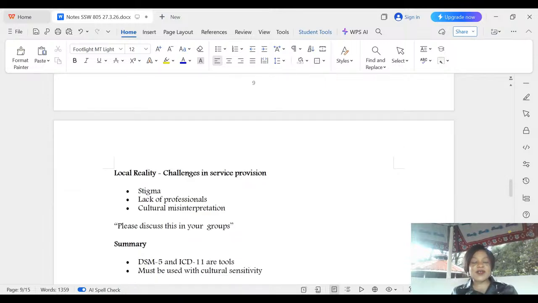So some of the realities we have in our country in terms of service provision or addressing mental illness matters include stigma from the community, and the cultural perceptions about mental illness, the cultural beliefs that, as opposed to being treatable by medication or being caused by biopsychosocial factors, some of the causes could be attributed, let's say, to witchcraft, okay, and other factors.